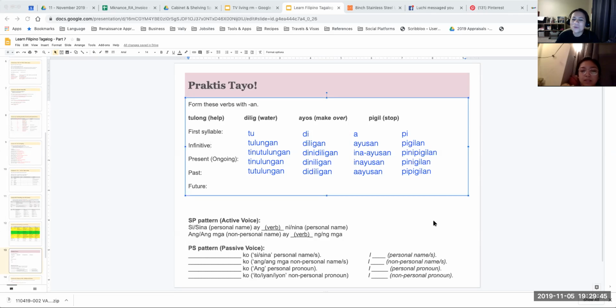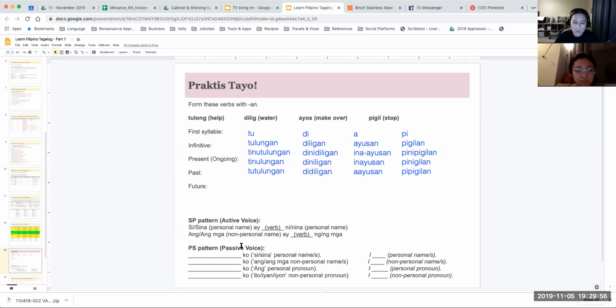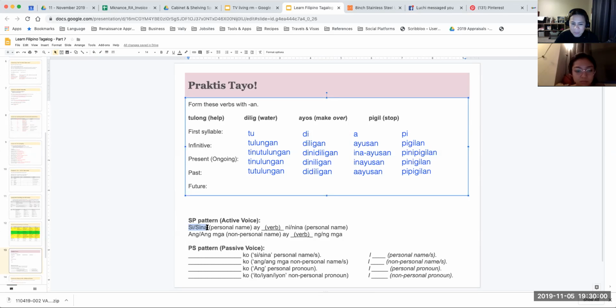So again, when we use the SP pattern here at the bottom, you still use your subject marker if it's a personal name, and then you use the verb, and then you have to use ni, whoever did it.